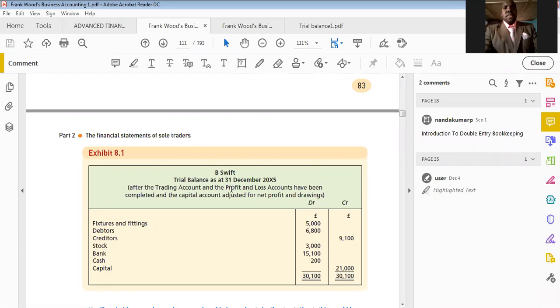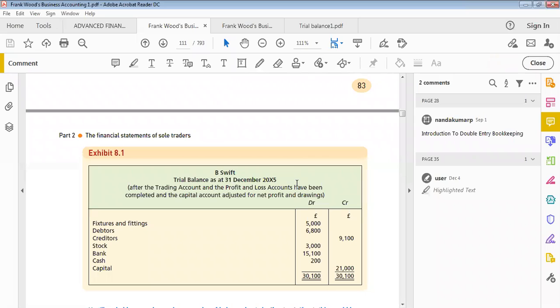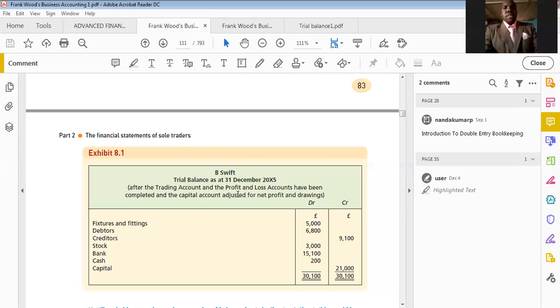So after the trading and profit and loss account have been completed, the capital account is adjusted for the net profit and drawings, right?